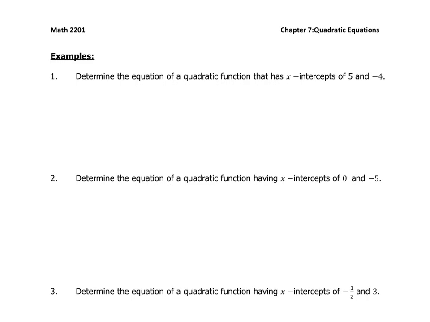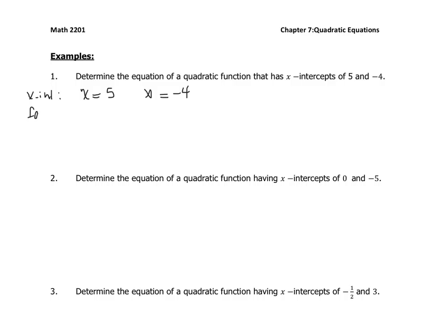The first example says that if you have x-intercepts of 5 and -4, come up with a function that has those x-intercepts. We would have x equals 5, x equals -4. So they would be the x-intercepts.